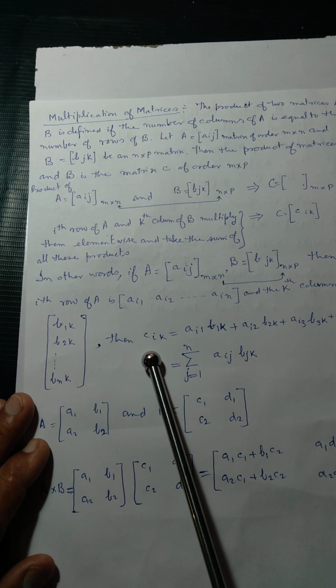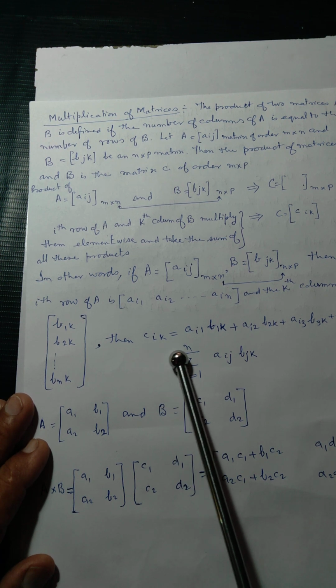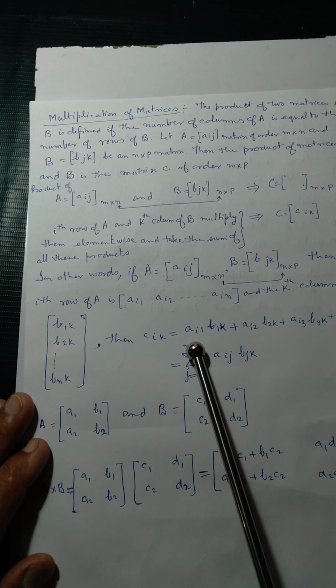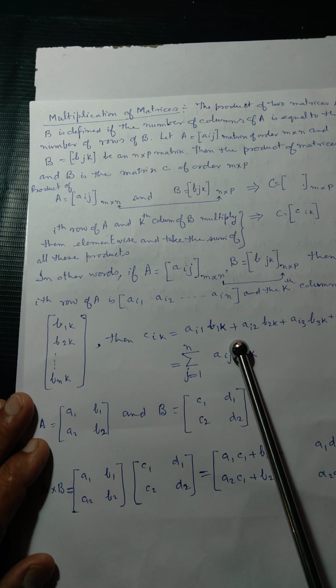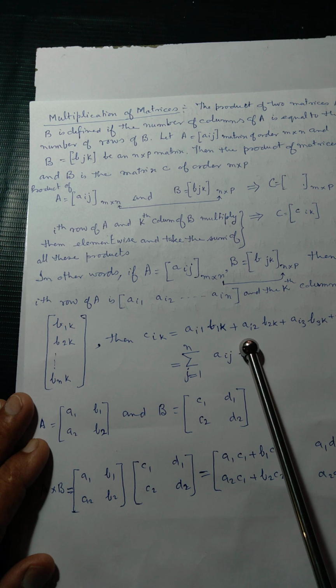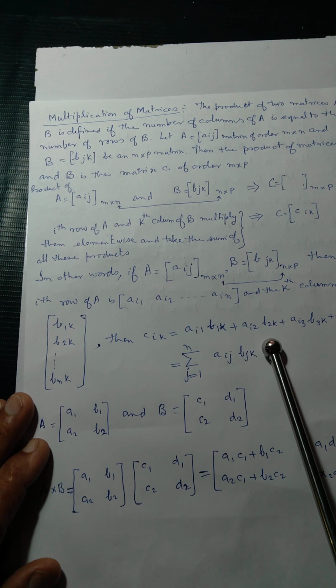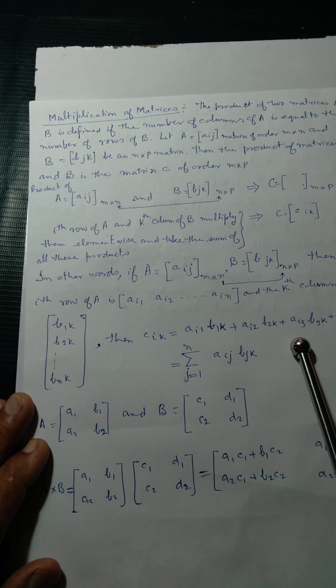Then Cik, the product, will be equal to Ai1 B1k plus Ai2 B2k plus Ai3 B3k plus up to Ain Bnk.